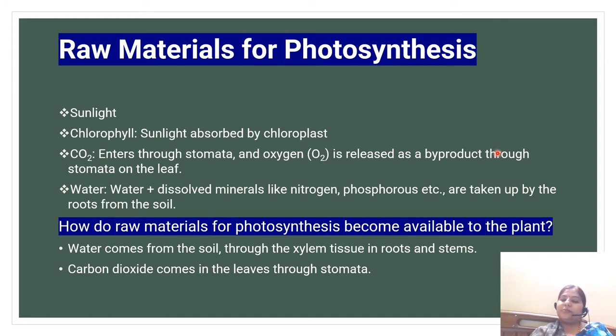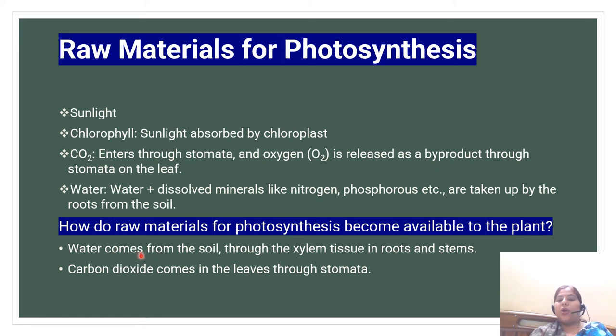We have 4 raw materials in photosynthesis: sunlight, chlorophyll, carbon dioxide and water. How do the plants get these raw materials? Carbon dioxide comes in by the help of the stomata. Stomata are present in the lower epidermis of the plant, which are tiny pores, and they help in exchange of gases.